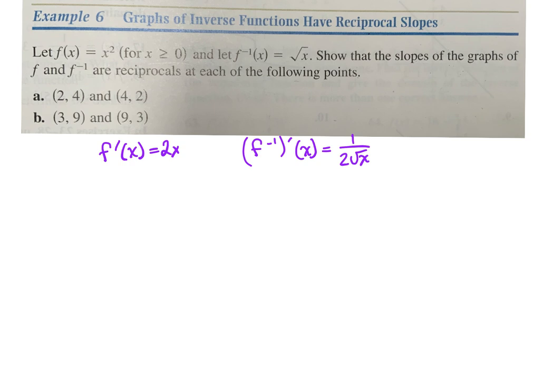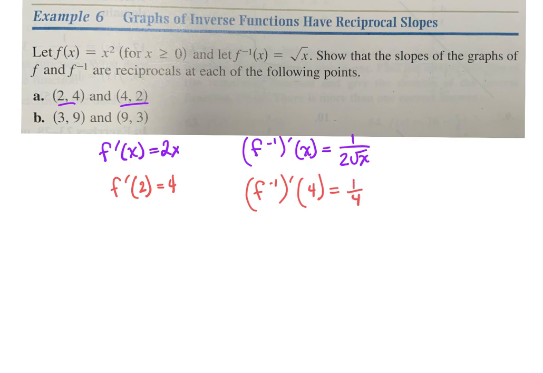And so how do I find out that it is the case at 2, 4, and 4, 2? Well, I'm just going to plug it in, right? So I'm just going to plug in the derivative at 2. Derivative at 2 is just going to be 4, right? And the inverse's derivative at 4 is just going to be, square root of 4 is 2, so 1/4.